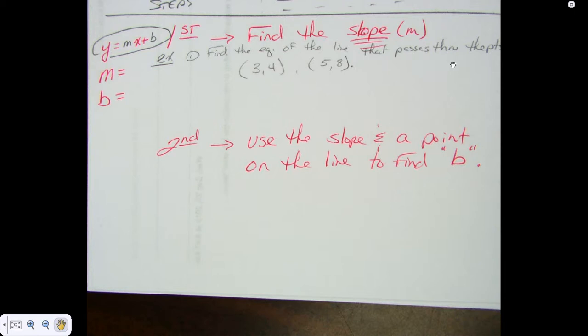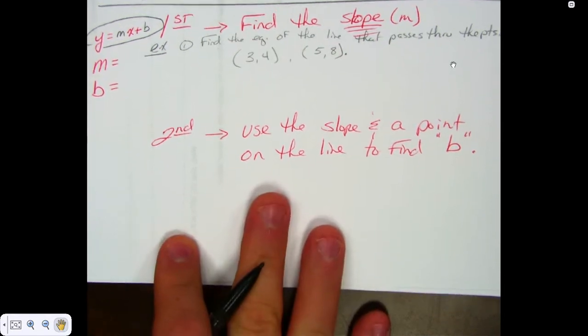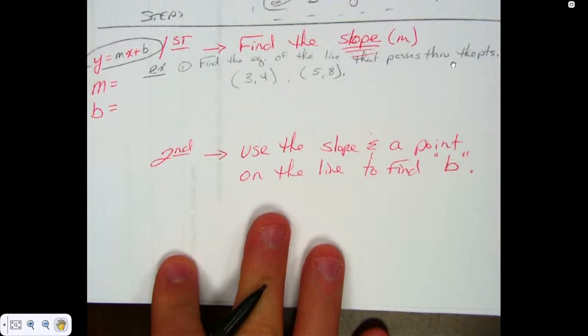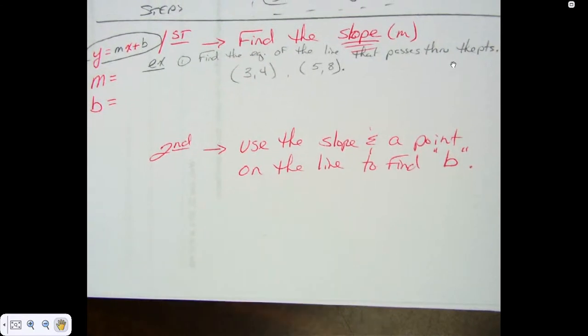Looking at this problem, how can I find the slope of the line? Sometimes it'll actually be given to you, believe it or not. Is the slope given to us? No. Well, all they gave us is two points on the line.